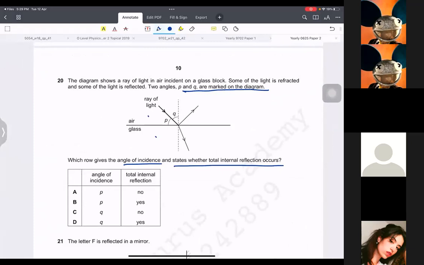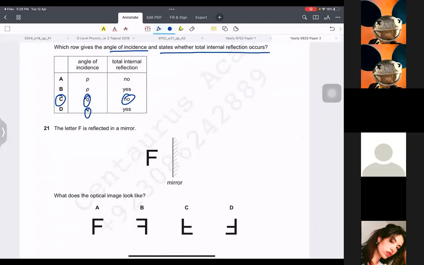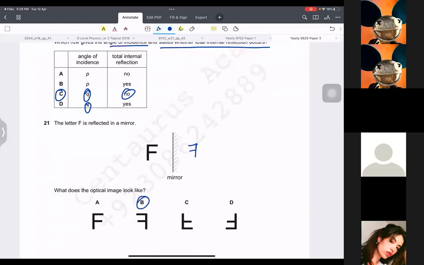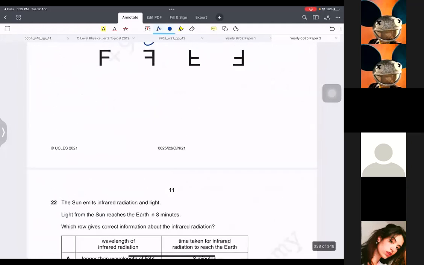So if light is going inside, the angle of incidence is Q. Total internal reflection can only occur when it goes from more dense to less dense. So no, it's going from air to glass. It should be like this. What is that? B. Okay.